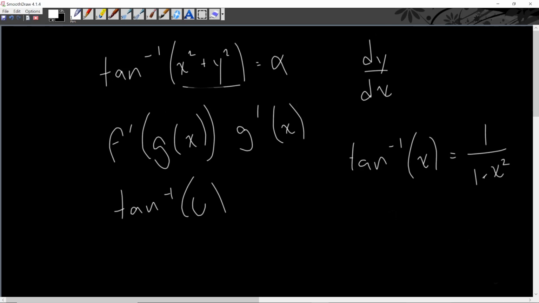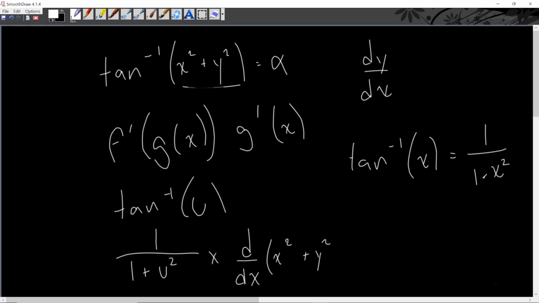So we're going to have 1 over 1 plus u squared times the derivative of what was on the inside, so u prime. And u prime we are going to differentiate with respect to x, so let's actually resubstitute our u back in. We're going to have d dx of x squared plus y squared.